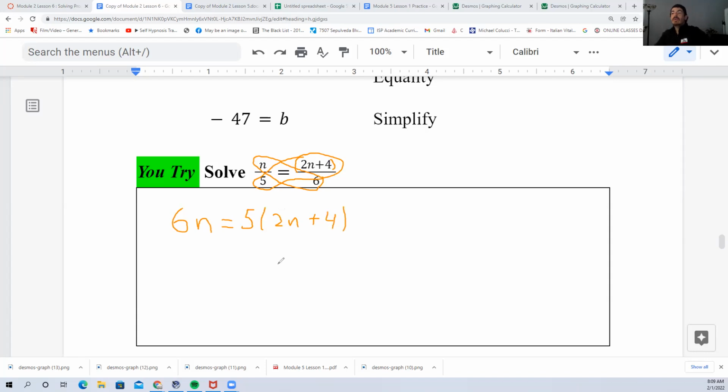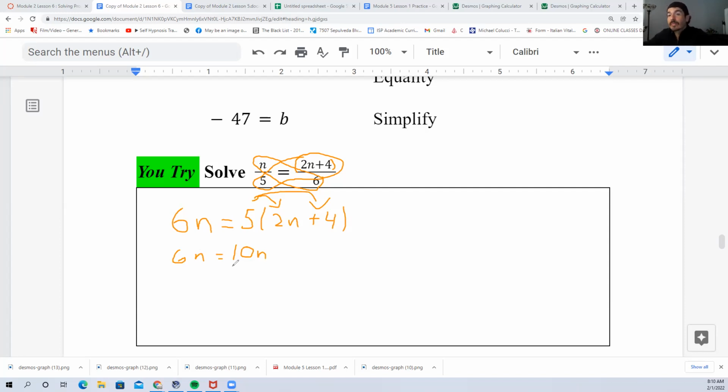Okay, now this is math that we've done before. So I'm going to distribute my 5. And this is a review. This isn't what this unit is actually about. What is 5 times 2n? It's 10n. Remember that if we're multiplying different terms, in this case a 5 and a 2n, we can combine them.